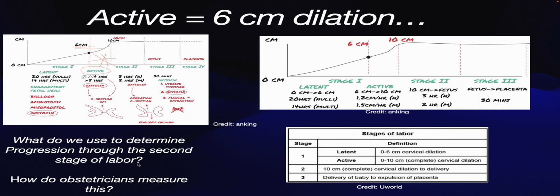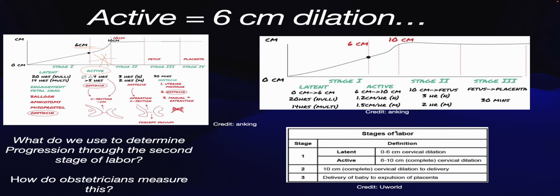And just some questions down here. Determine the progression through the second stage of labor. Mentioned that already, it is the fetal station. And how do obstetricians measure this? It is with a digital cervical exam, or physical palpation with your fingers to negotiate the relationship between the presenting part of the fetus and the ischial spines.